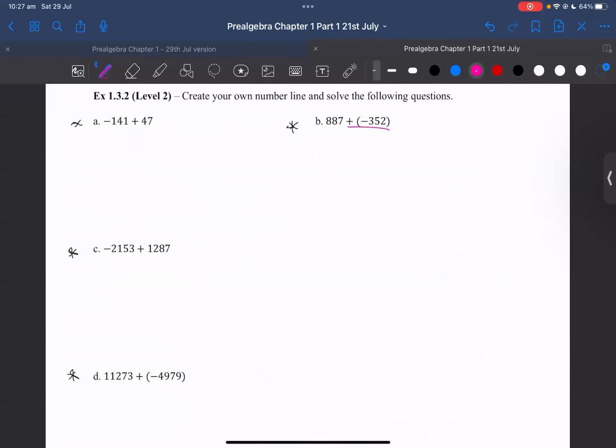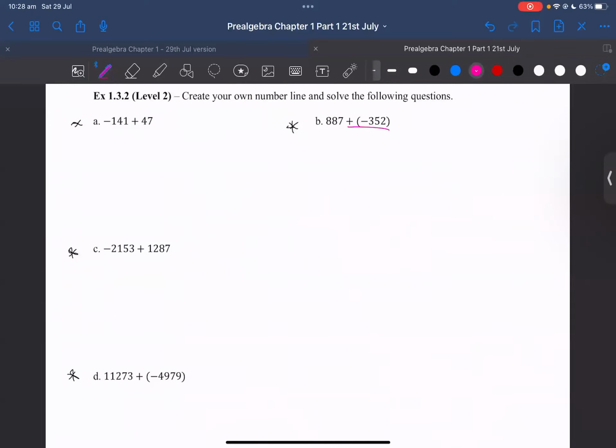It's a good idea to just sketch a number line and see where it should be. Even if you're not sure which way to go, just think, am I going down or up in the value?